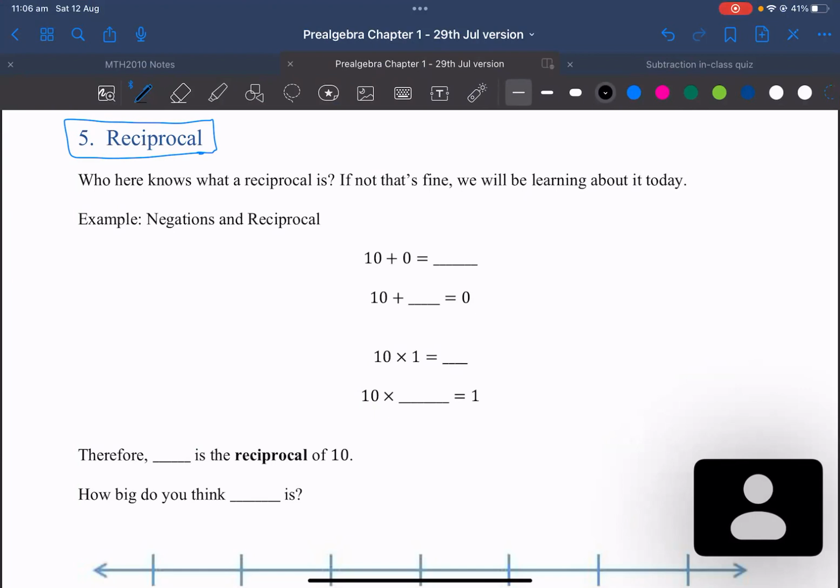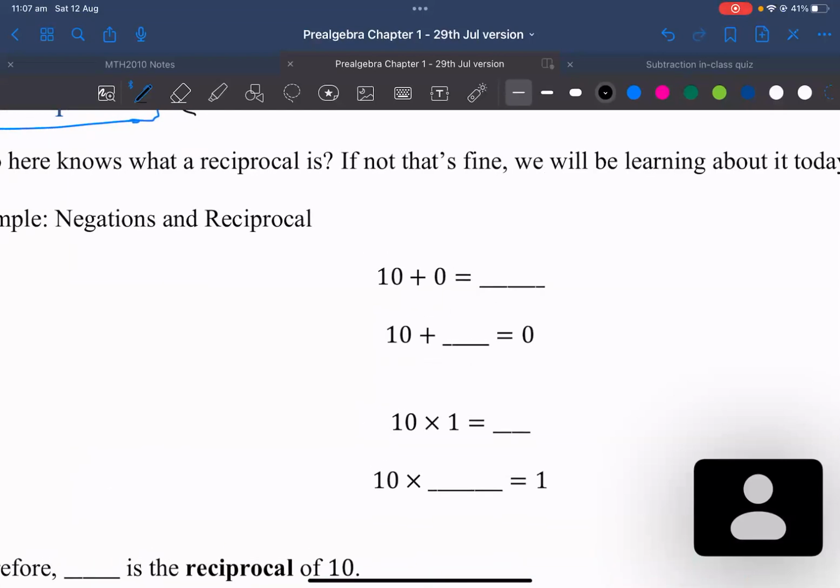Before we did subtraction, we introduced this idea of negation, which you probably haven't heard before. Before we do division, we're going to introduce this new idea of the reciprocal. Here's the idea. You know how 10 plus 0 is 10? But what number do we need to add to 10 to get to 0? Anyone?